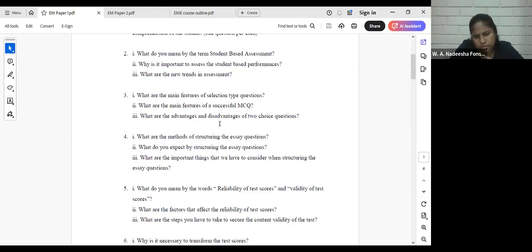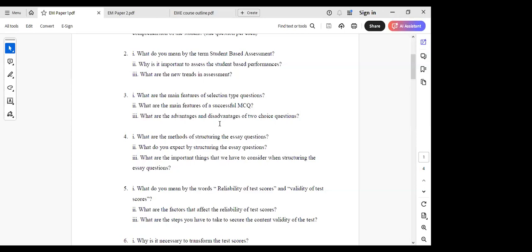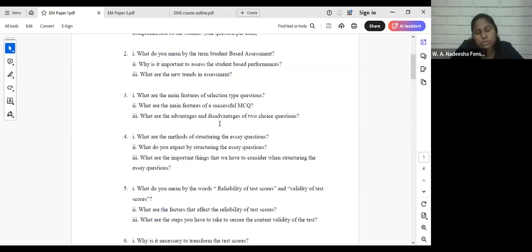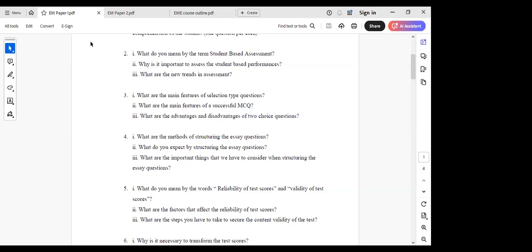Then we have to use definite action verbs. Other one?